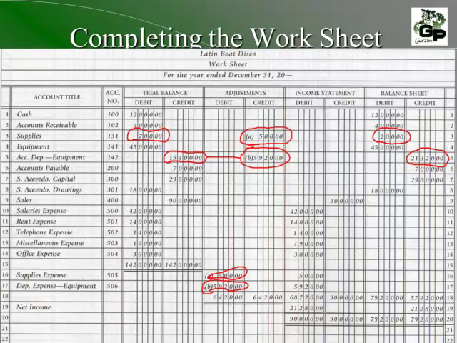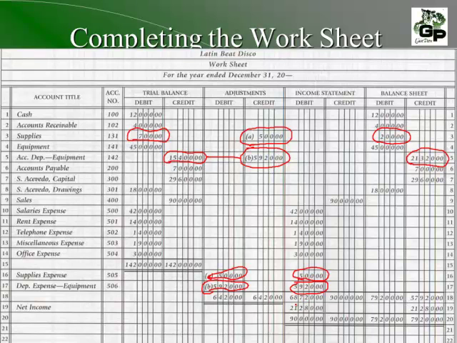Down here with the supplies expense, we didn't have a trial balance amount, so this $500 just simply goes to the income statement debit side, and the depreciation expense for equipment also goes to the income statement on the debit side. When we total our income statement and our balance sheet now, we must remember to include these new adjusted values.